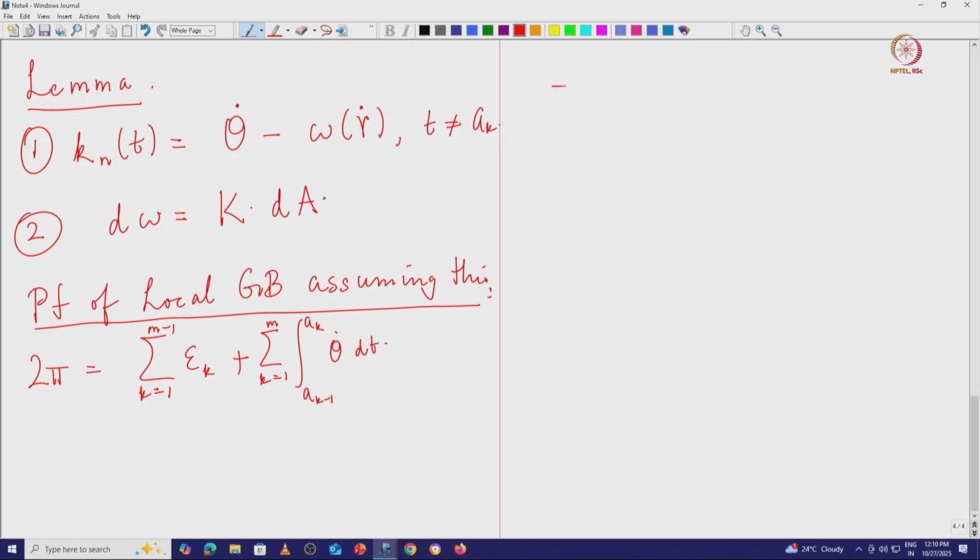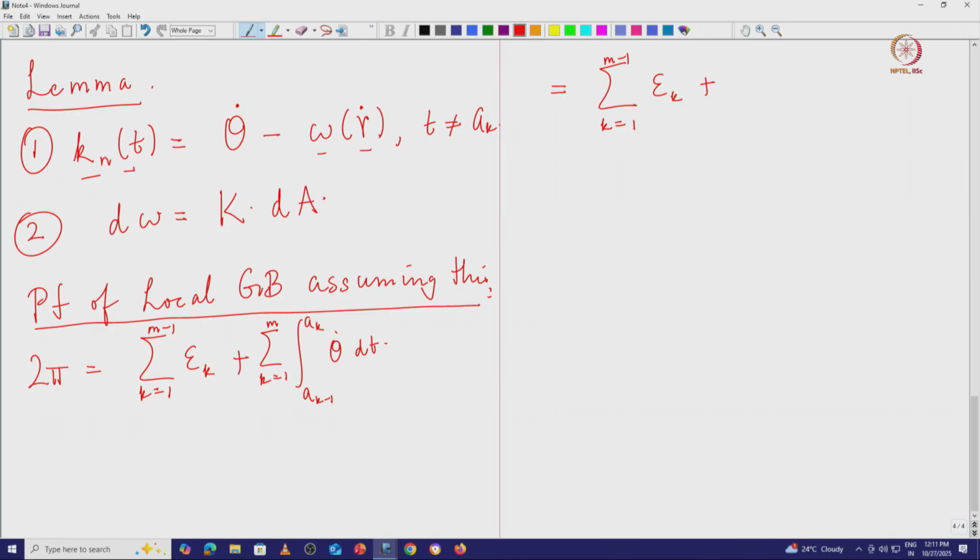But this is precisely the sum over k going from 1 to m minus 1 of the external angles, plus, by the first part, what is theta dot, that is basically kn plus omega, right.